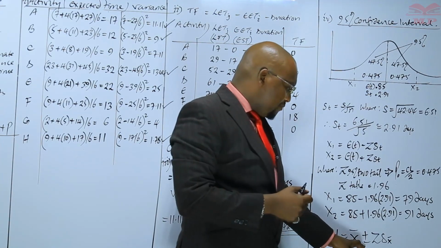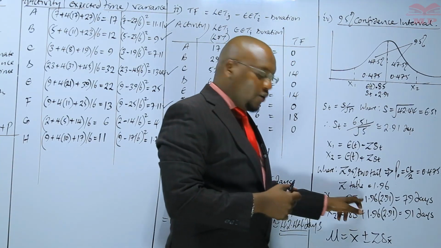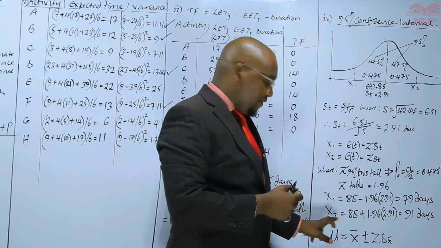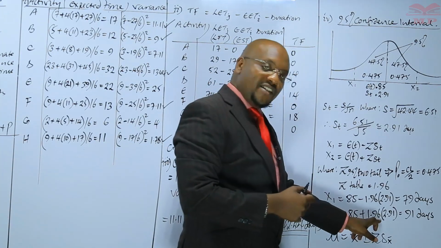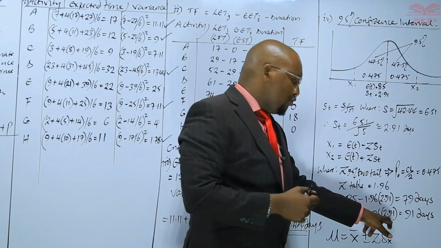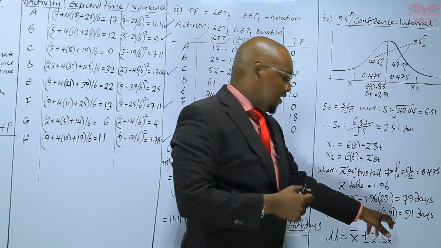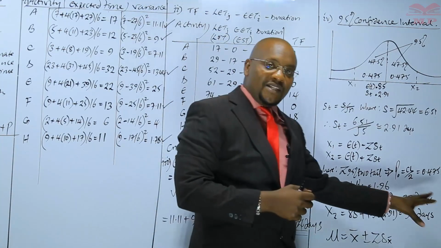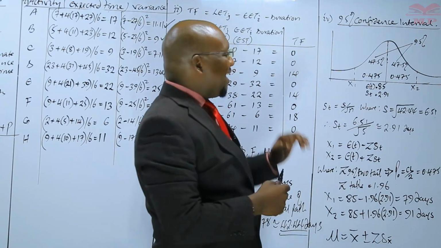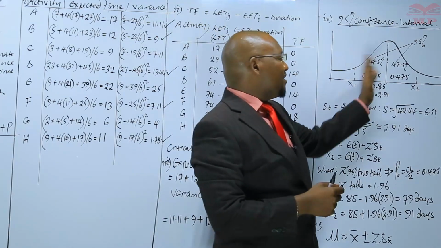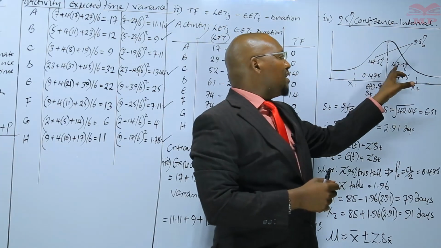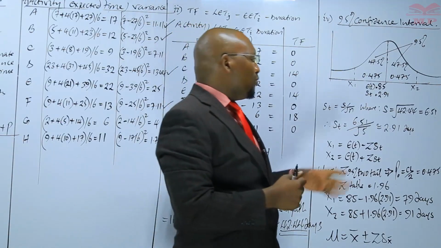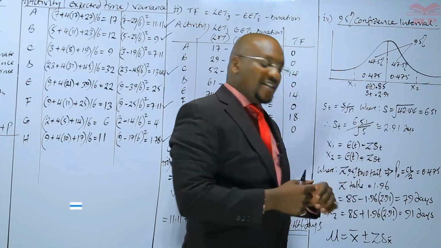Then plus or minus means if I do minus, I get the lower limit. If I use the positive, I get the upper limit. Z is 1.96. The standard error is what you have found to be 2.91. So that is how you get your upper and lower limits. To balance it symmetrically, the probability had to be divided by 2 as in the confidence level.